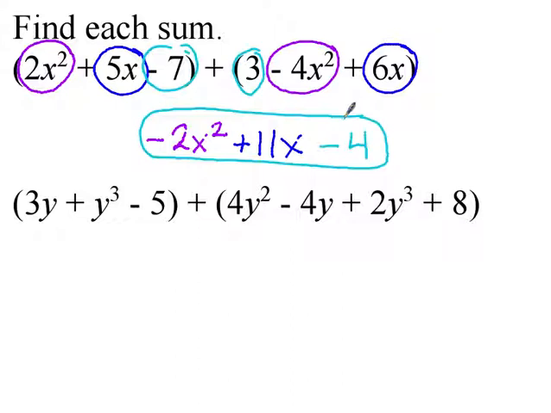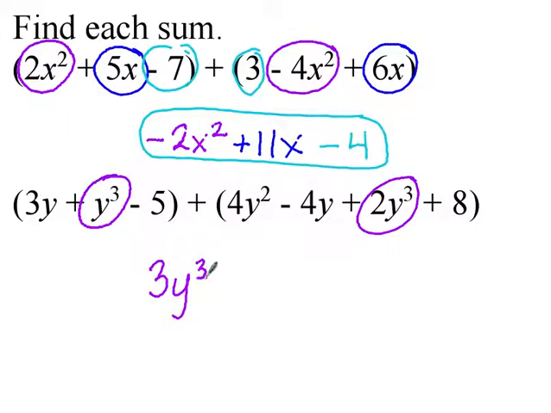On this last one, what's my first answer going to look like? Let's start with the y cubed first. 3y cubed, because I have 1y cubed plus 2y cubed. What's the next power? 4y squared. Good.